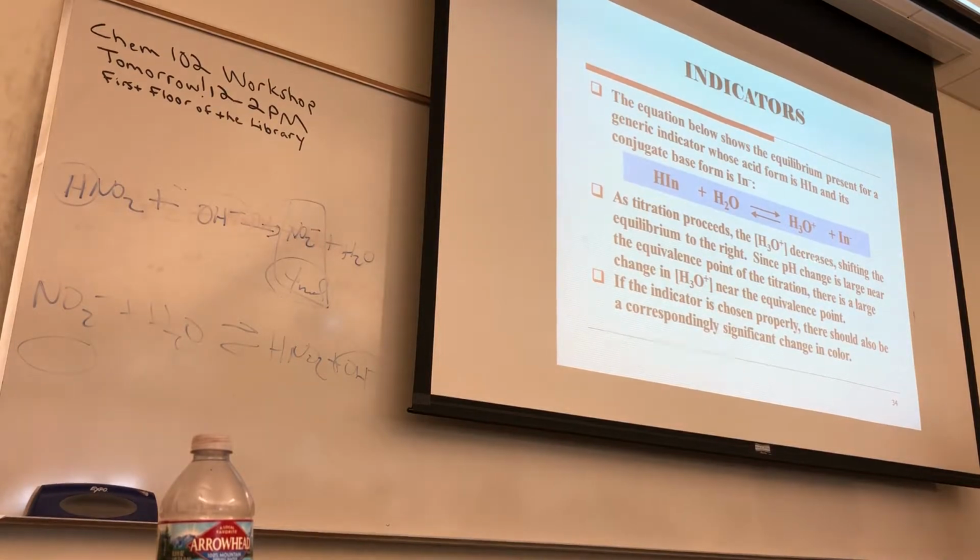So if this is in an acidic solution, it's gonna shift this way, and this is what the indicator is gonna look like in that solution. If I have a basic solution, then it's gonna pull some of this out, and shift it this way, and this is what I'm gonna have in the solution as the indicator.